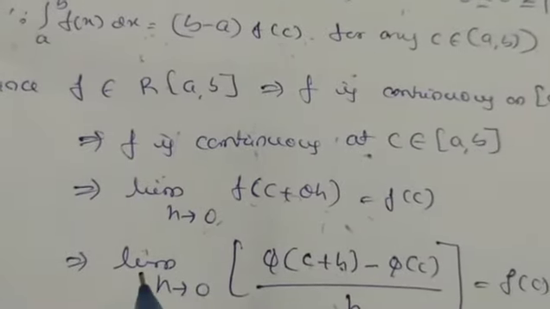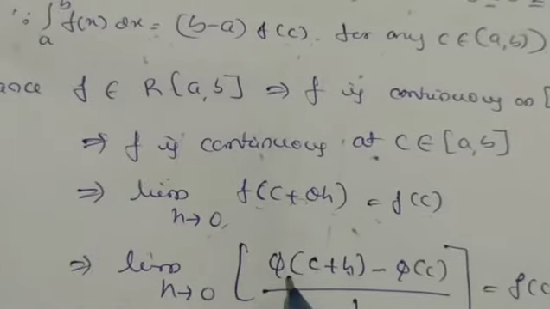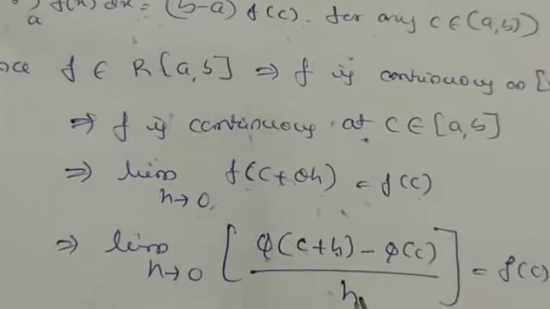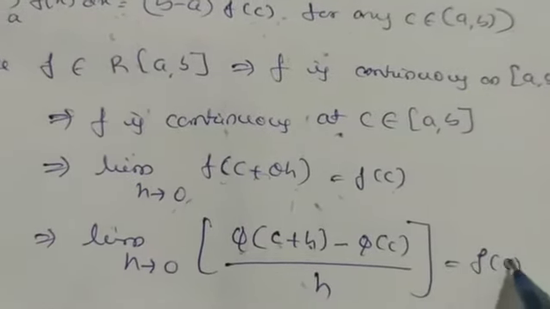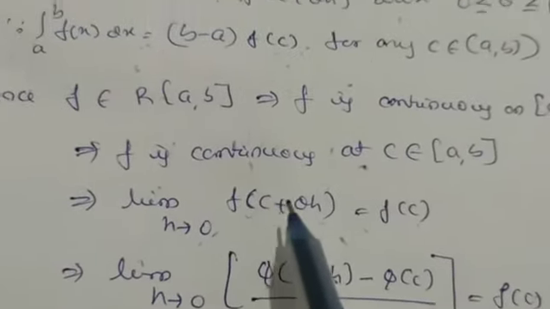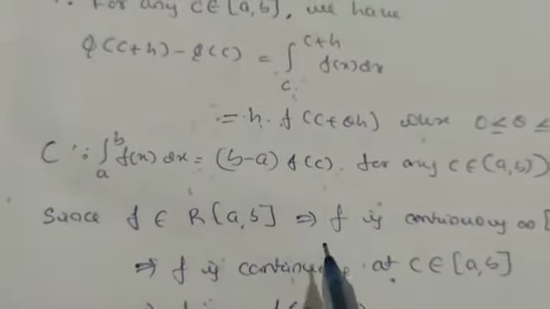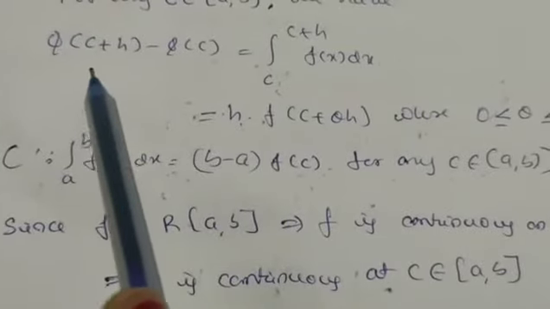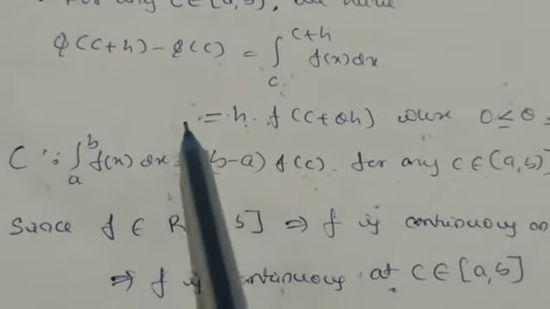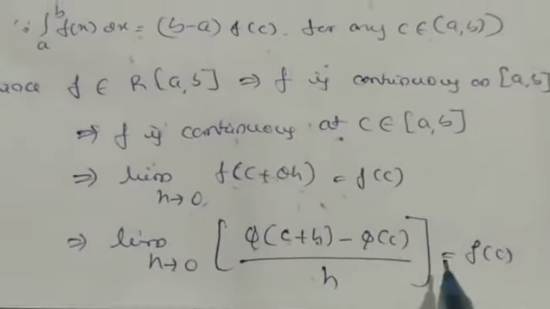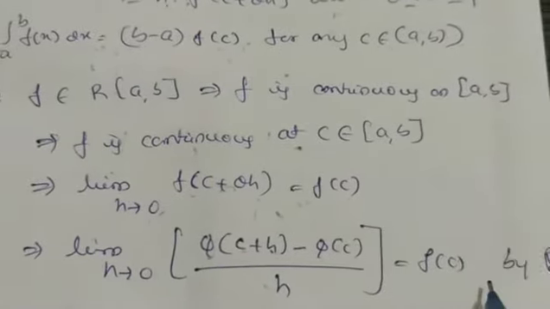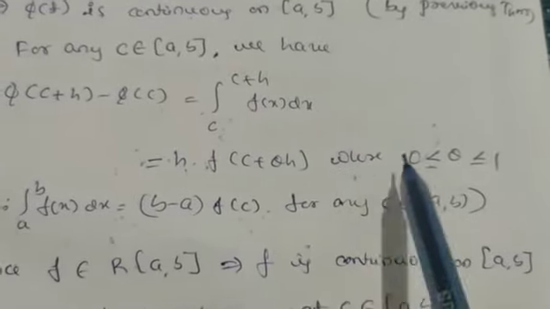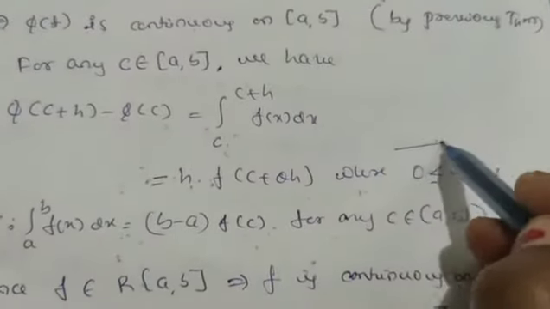So this implies limit as h tends to 0, phi of c plus h minus phi of c divided by h is equal to f of c, because f of c plus theta h is equal to phi of c plus h minus phi of c divided by h. It is equal to f of c by equation number 2. This is our equation number 2.